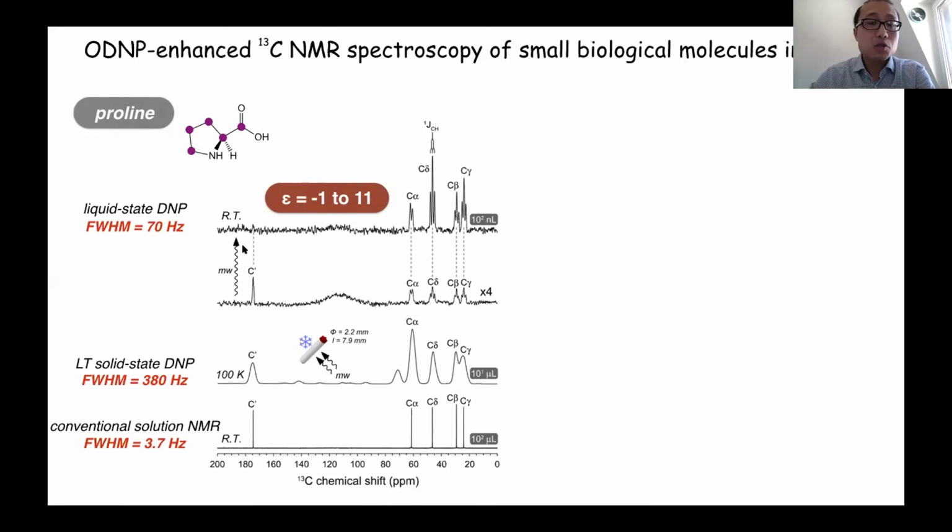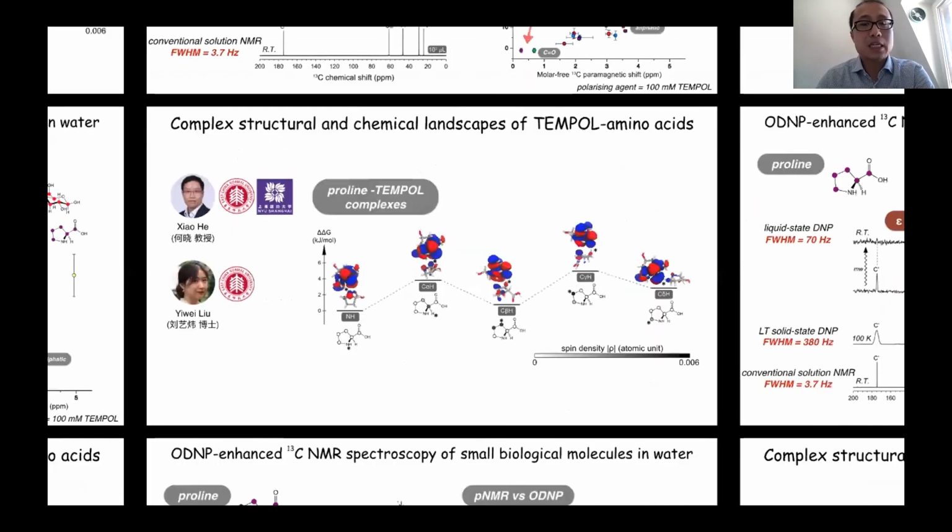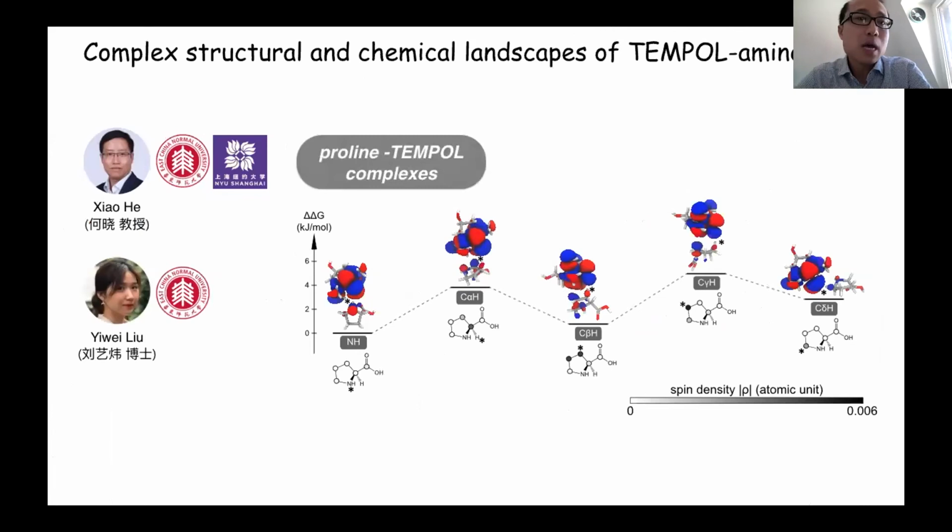On the other hand, you do see that the carboxylate group carbon shows very low DNP enhancement compared to the aliphatic carbons. And we observe this kind of phenomenon on all the amino acids we have tested. To understand this type of site specificity or selectivity of the DNP enhancement, I called my friend Xiaohe in Shanghai, and they performed DFT calculations on a number of amino acid TEMPO complexes.